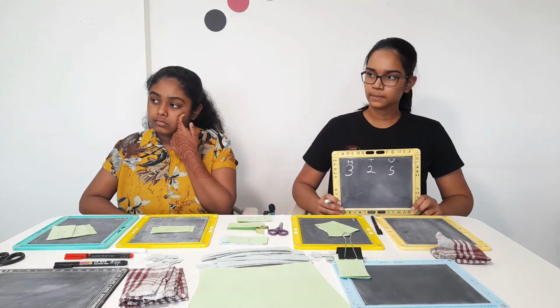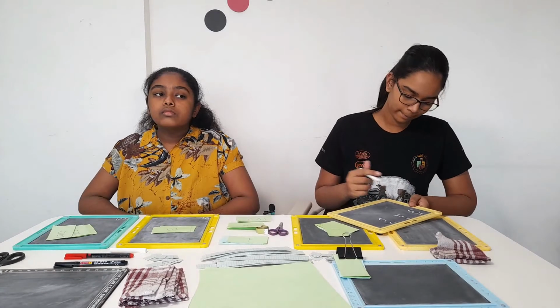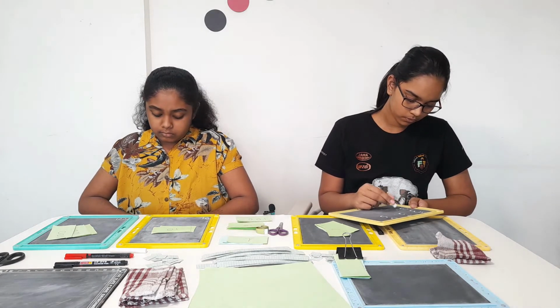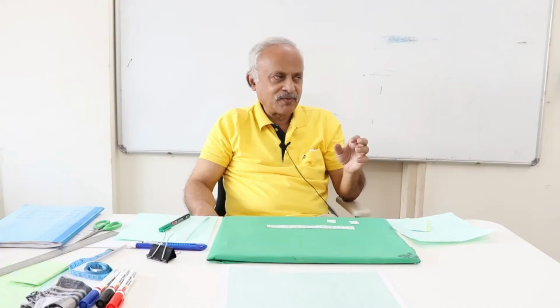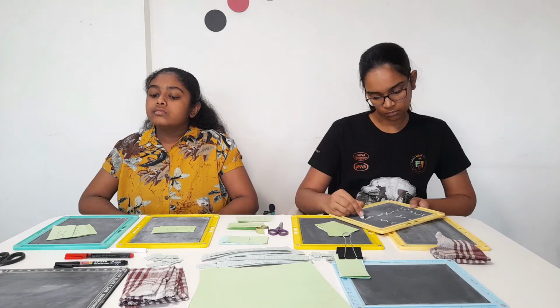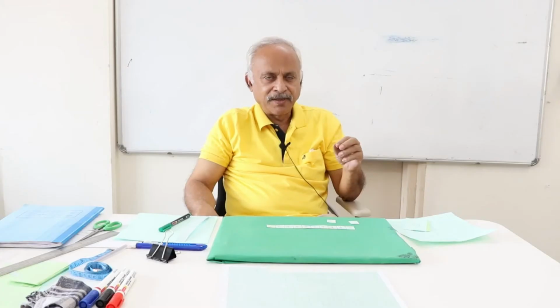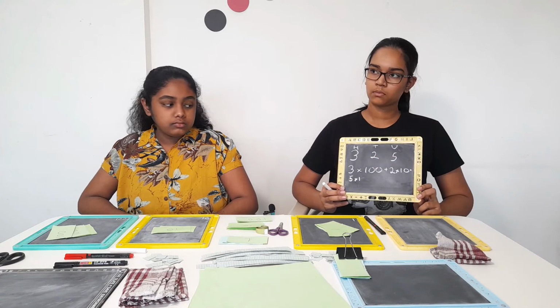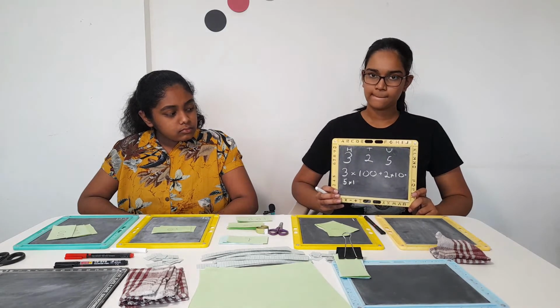And there is yet another way of writing it as something into something plus something into something. You'll have to remember what we used to do back in class 4 and 5. What they call Vistarit Roop in Hindi, expanded form. So 3 into 100 plus 2 into 10 plus 5 into 1. Okay? Right.